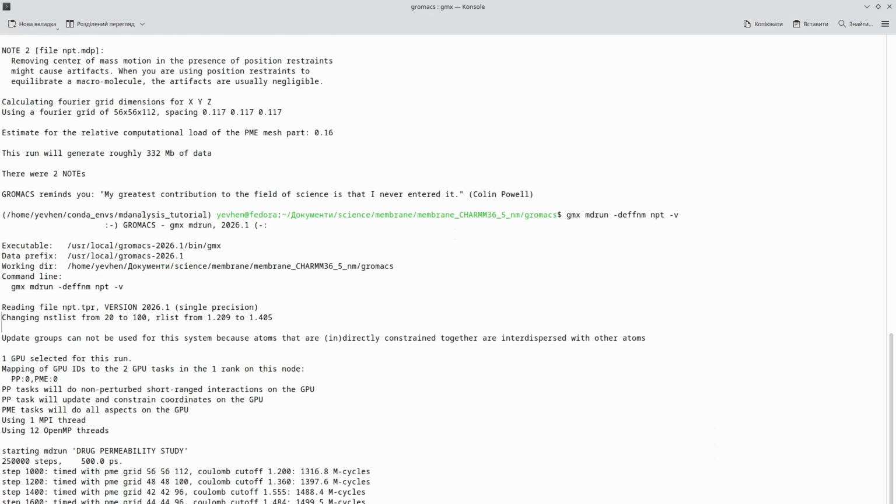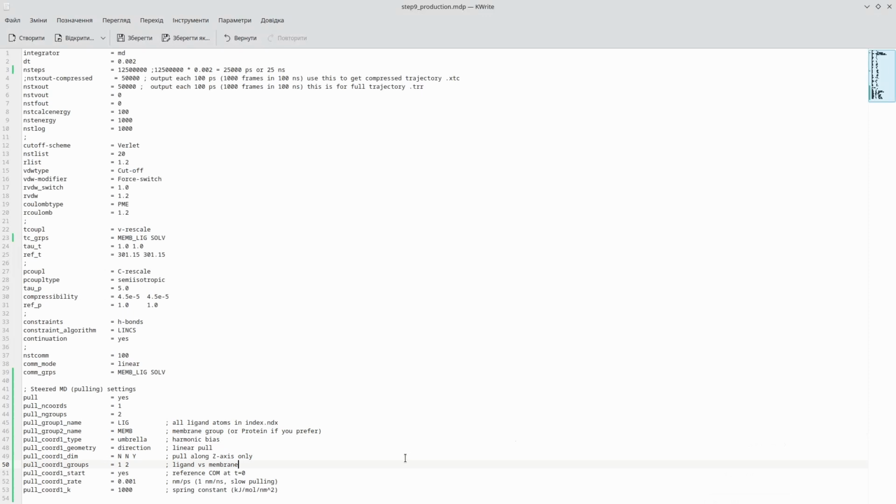You need to add a specific block of code compared to your normal MD setup, and in this block of code you define pulling parameters. So you need to state pull yes to tell GROMACS that you are doing pulling MD. You then need to define the number of pull coordinates, and in this case we only have one reaction coordinate, which is the z-axis of our system, perpendicular to the membrane xy plane.